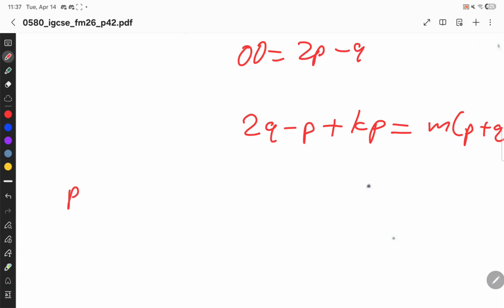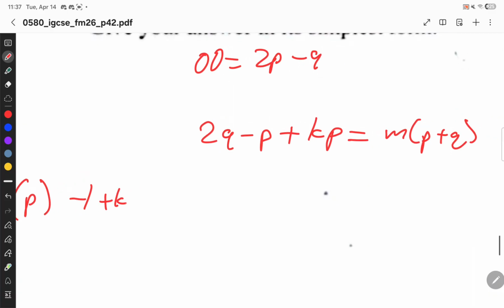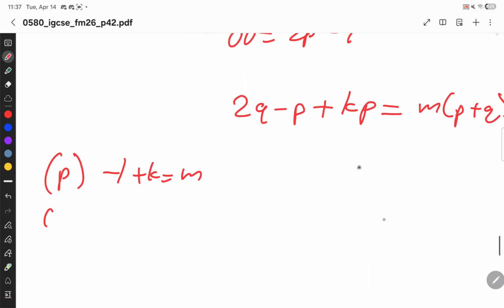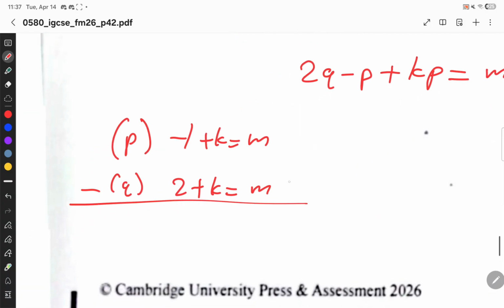So the p is negative 1 plus k is equal to m, and q is 2 plus k is equal to m. If we subtract this, we get negative 1 minus 2, negative 3 is equal to 0. Wow, we solved it.